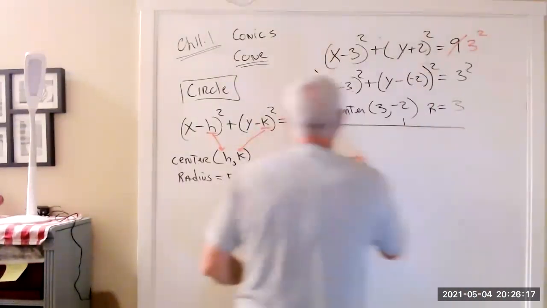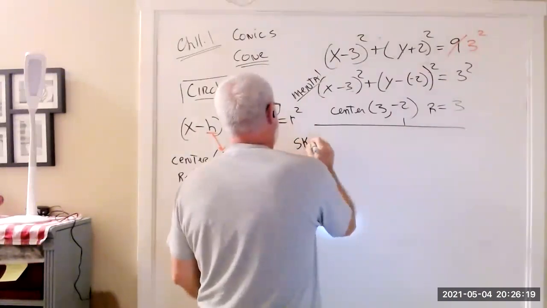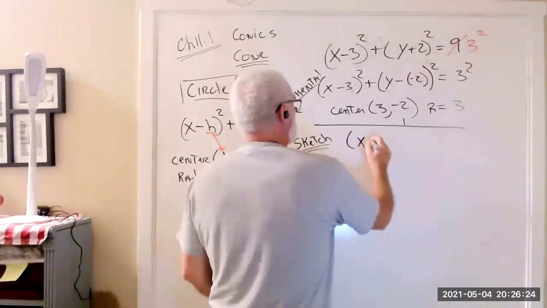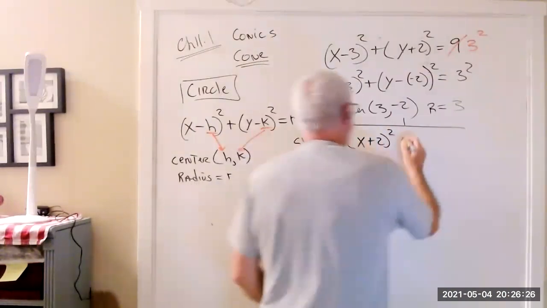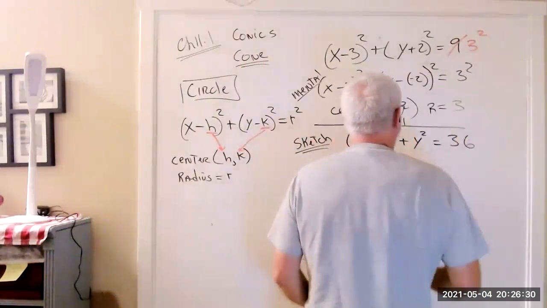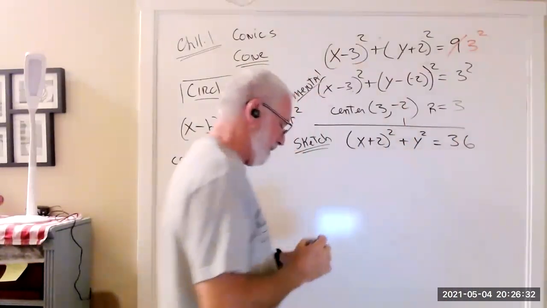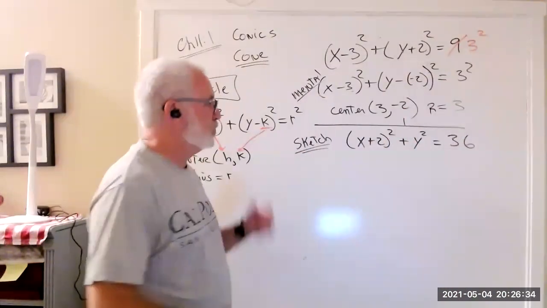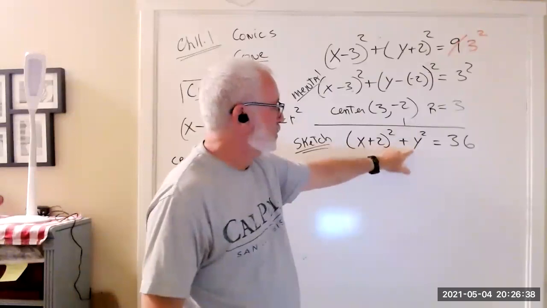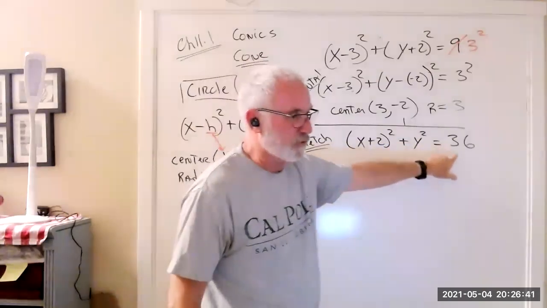So I want you to sketch this graph of x plus 2 squared plus y squared equals 36. X plus 2 quantity squared plus y squared equals 36.